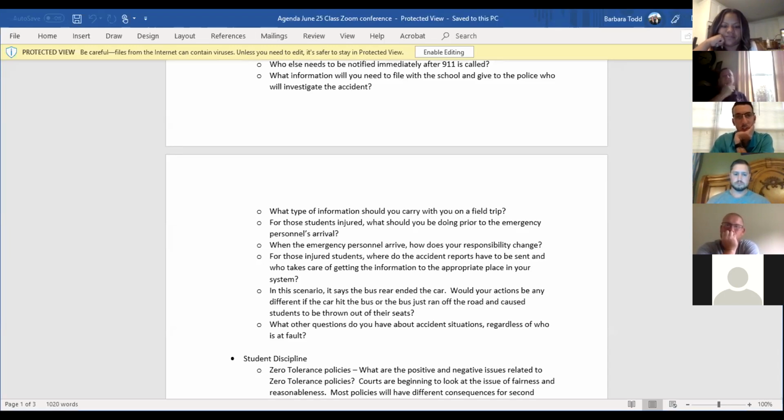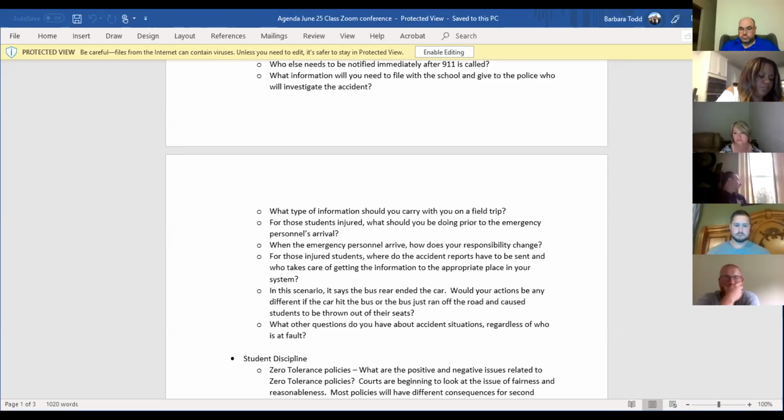Now, if the bus is not very full, you can remember that and you can deal with that. But if you've got a totally full bus, then you've got to figure out a way to get that information. Now, why would that information be so important? Why is it required? So they can ensure where everybody was located when the accident took place.